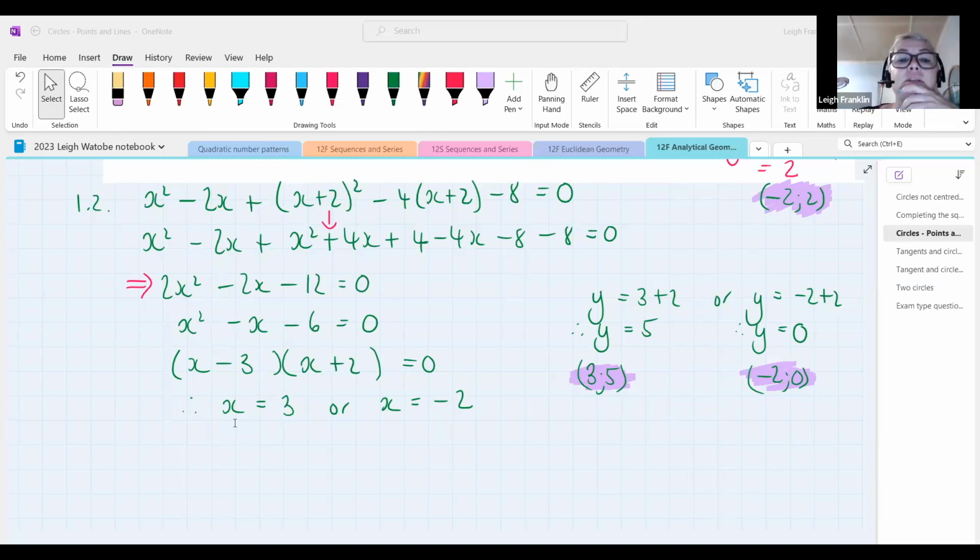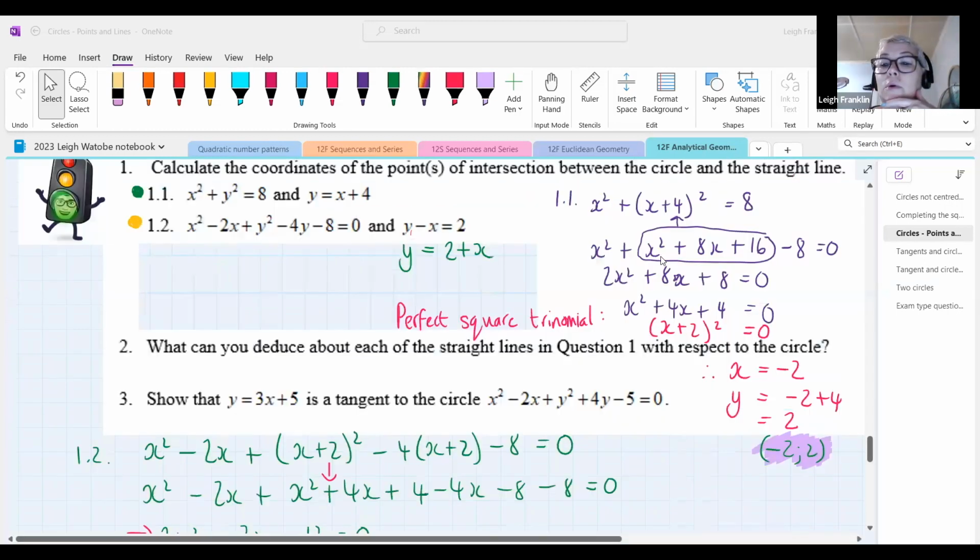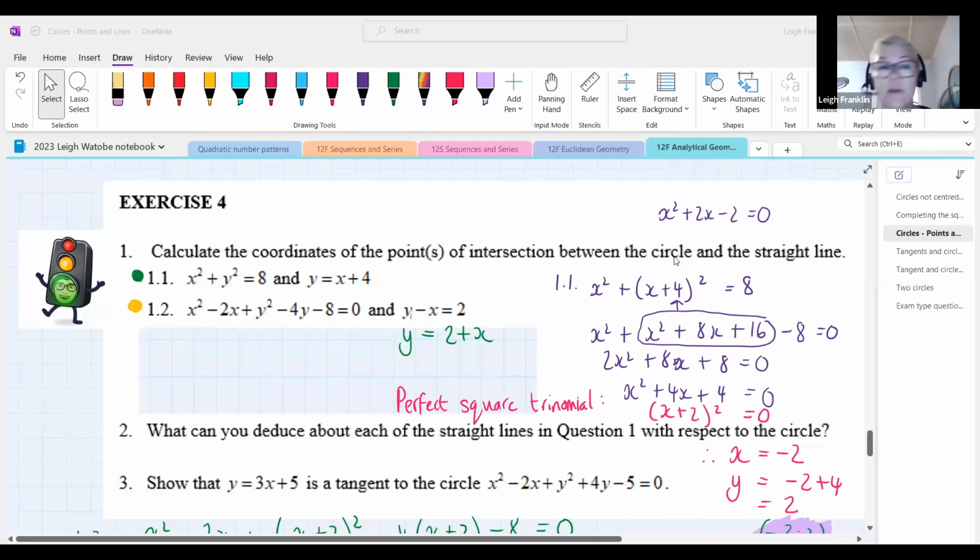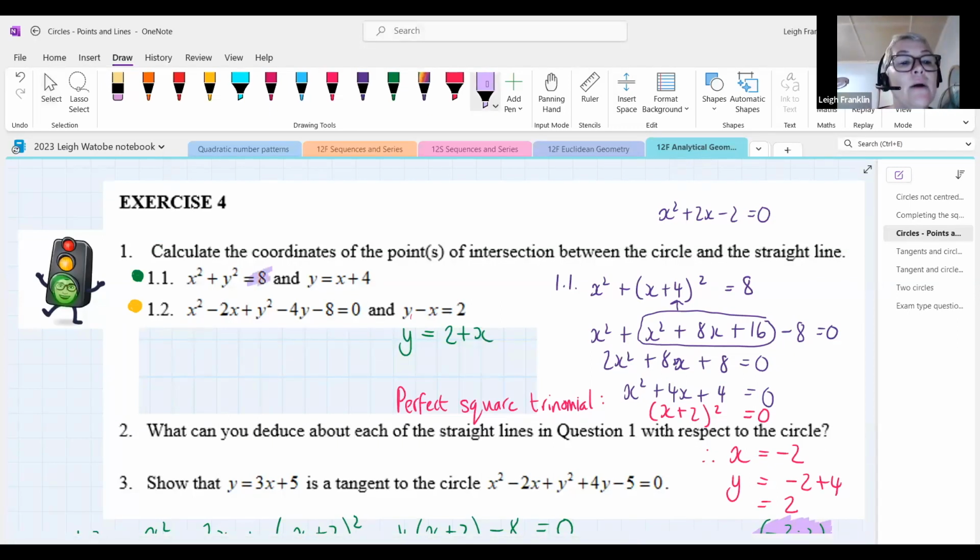Okay, Lebogang, let's just have a look at what you're asking. In 1.1, why did the -8 become positive in the second step? Okay, so because it was +8 on the right-hand side, Lebogang. So when it went over to the other side, it was -8.